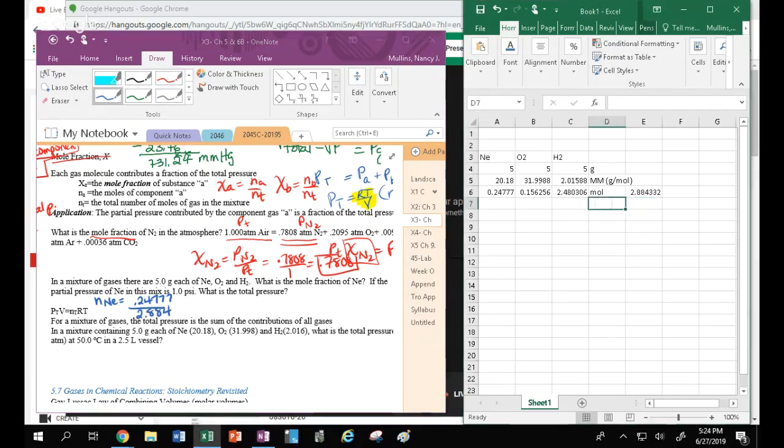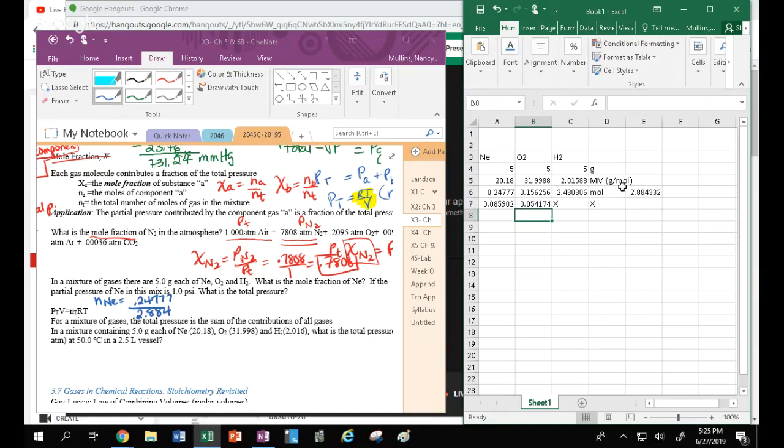So my mole fraction is going to be the moles of neon over the total moles. If I wanted to know about oxygen, it would be the moles of oxygen over the total moles.